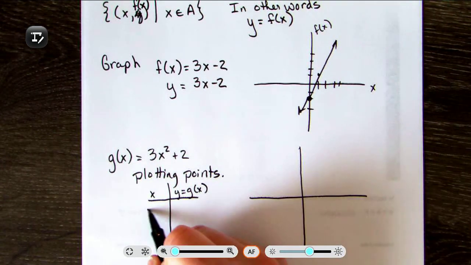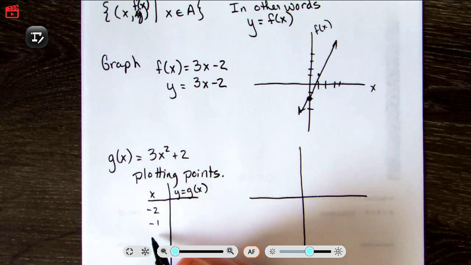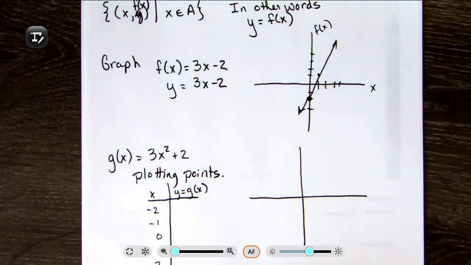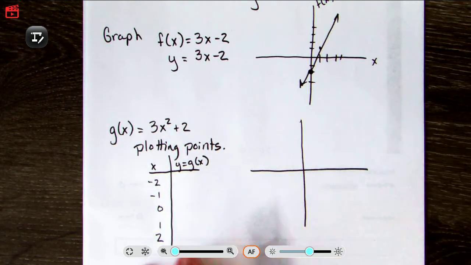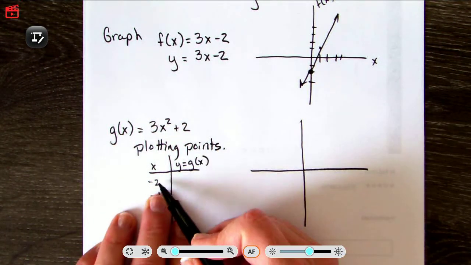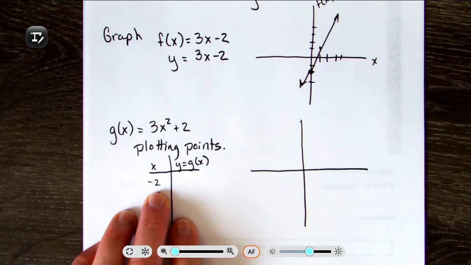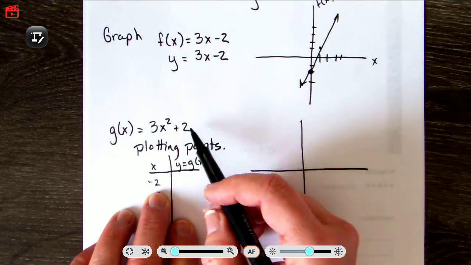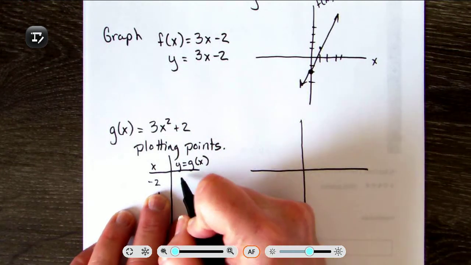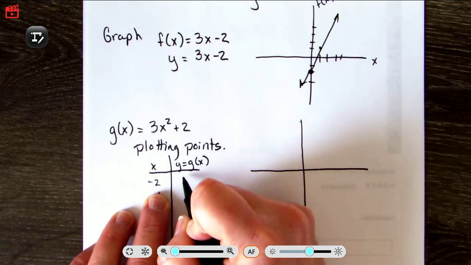So if I just pick some values, and I'm just going to pick a couple. I mean, you could put more if you wanted. I just randomly chose -2, -1, 0, 1, and 2. And we want to plot the points. I'm going to substitute those values in there. So -2 squared is 4, times 3 is 12, plus 2 is 14.